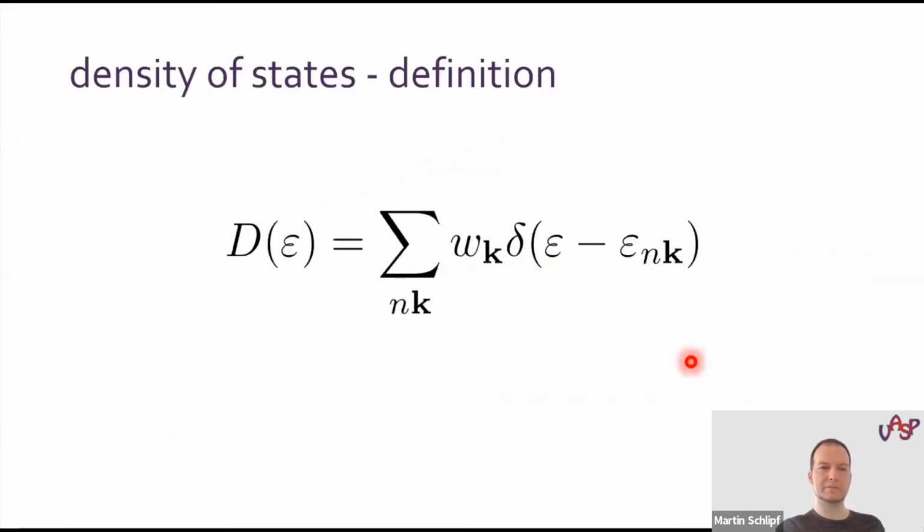So let's recap briefly what the density of states actually is. The density of states is formally defined as the number of states at a certain energy. In practice, of course, we will replace this exact energy by a width, where we say the density of states is the number of states within a certain energy width, but the formal definition uses a delta function.